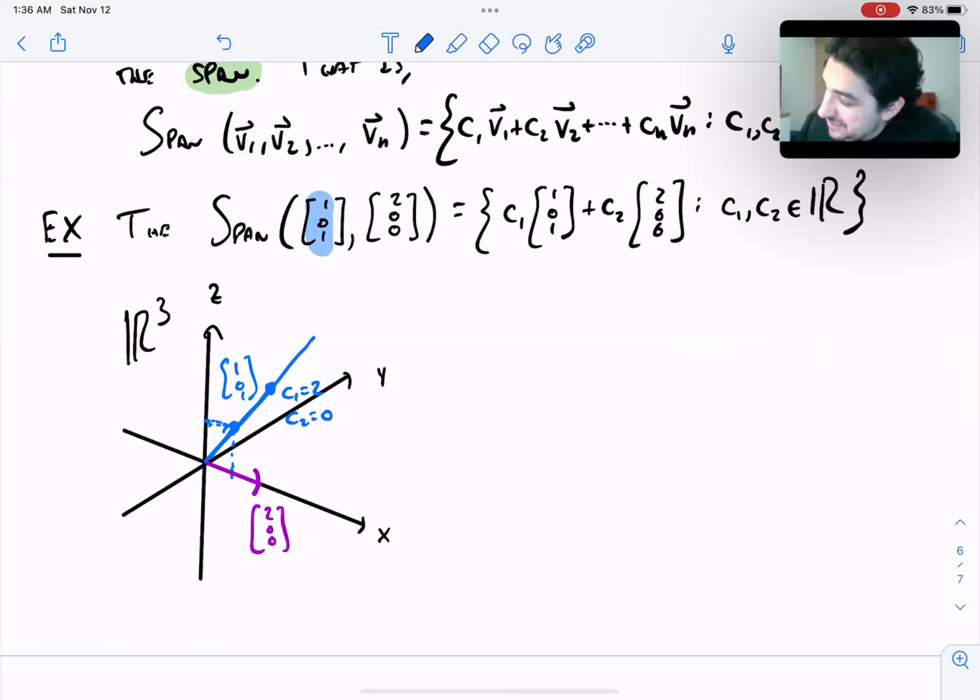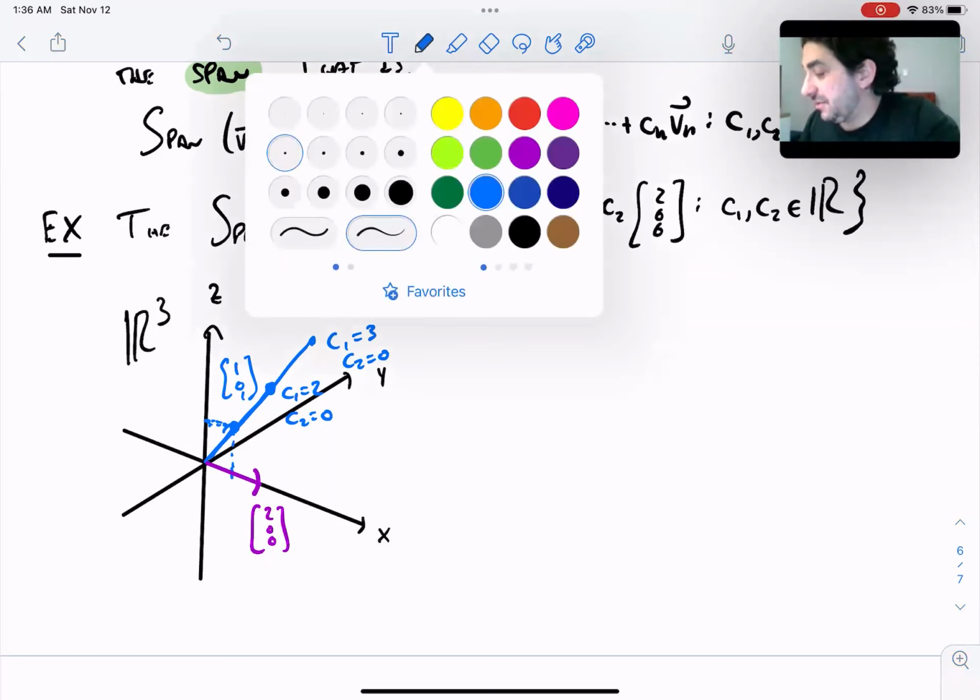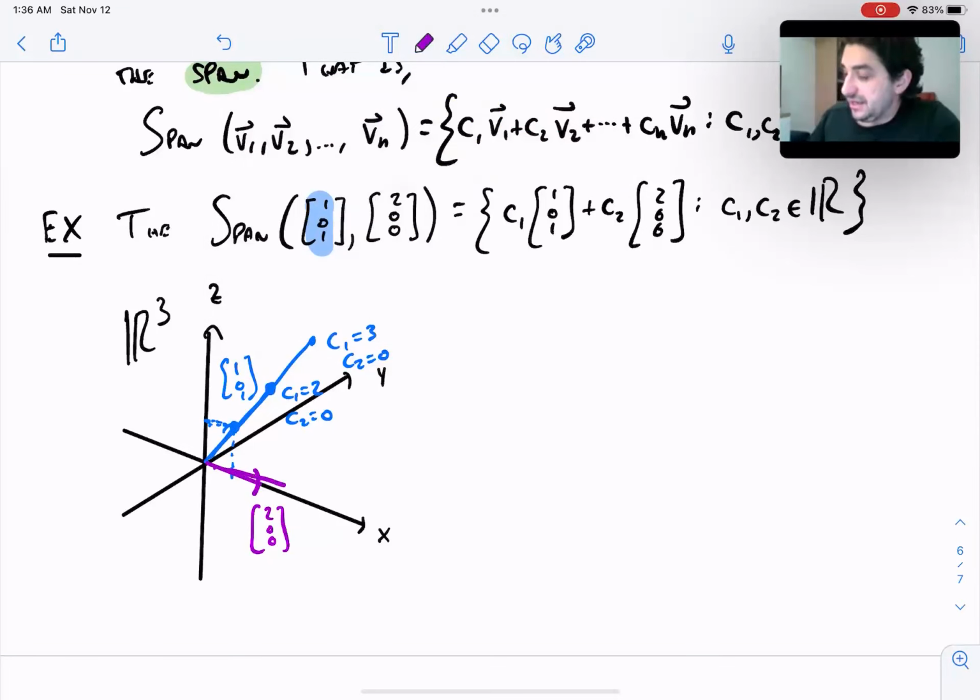I can get this point by taking c1 equal to 3 and c2 equal to 0, and so on. So I can get that whole line by making c2 equal to 0. I can do the same thing along the purple line. I can get that whole purple line by, say, that location right there, taking c2 equal to 2 and c1 equal to 0.